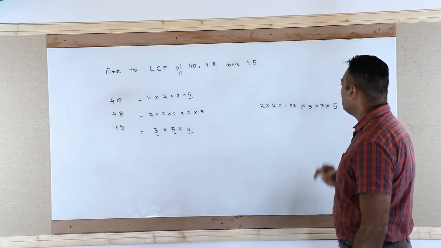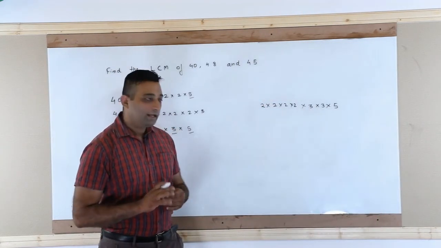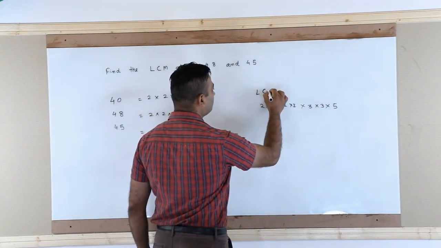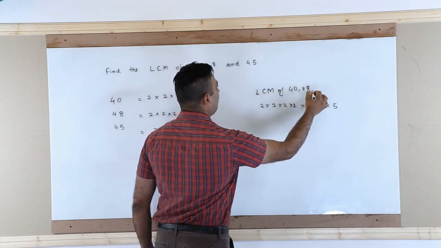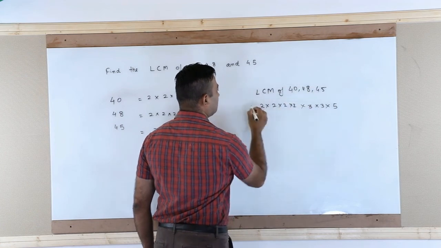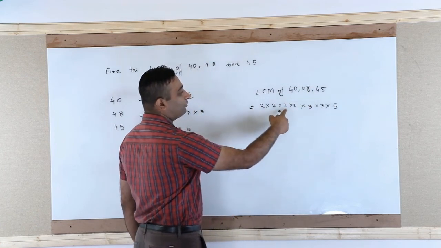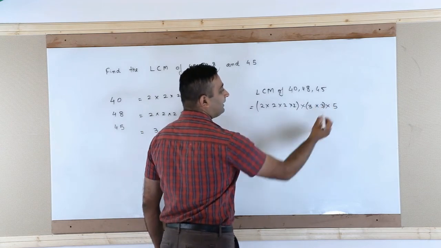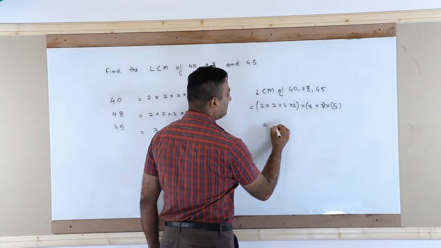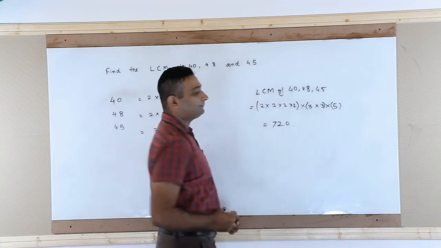So we here write 5. Hence the LCM of 40, 48 and 45 is equal to 2 multiplied by 2 multiplied by 2 multiplied by 2 multiplied by 3 multiplied by 3 and multiplied by 5, which is equal to 720.